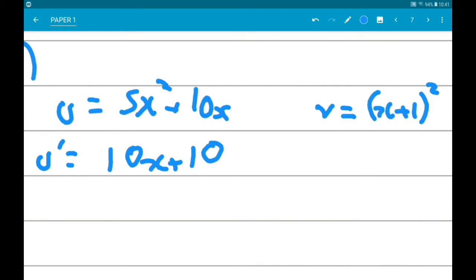Now, by the chain rule, differentiate the inside, we just get a 1. Differentiate the bracket, we get 2 times x add 1.